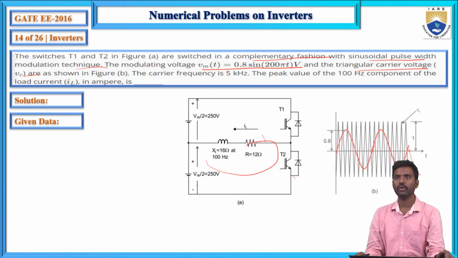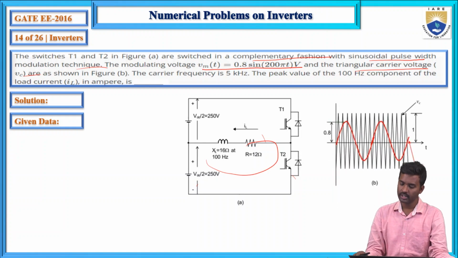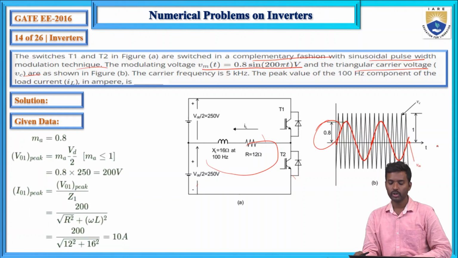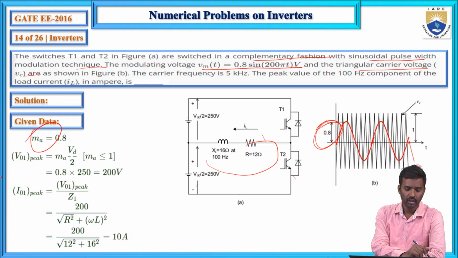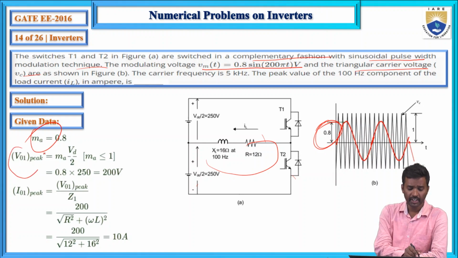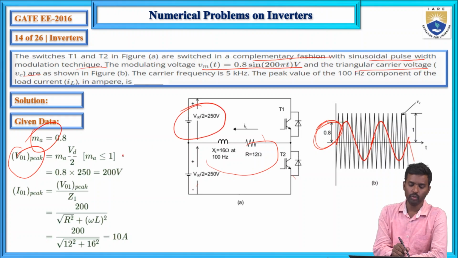Now this is the modulation index. M equals, in the figure B, given 0.8. Now the peak value is Vd by 2, so the output voltage equals Vs by 2, that is Vdc by 2.